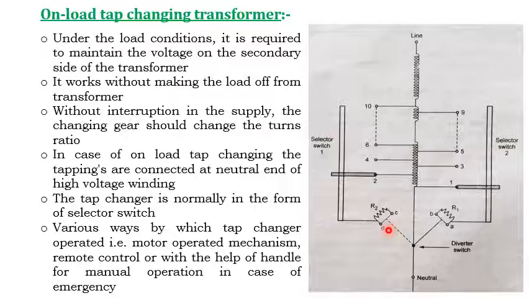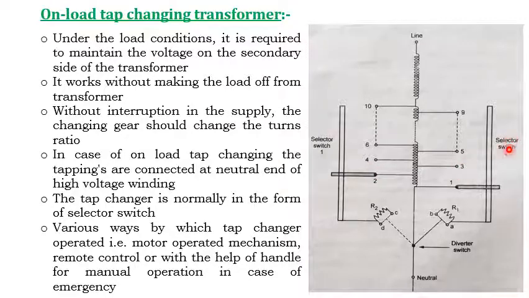During the shifting of the diverter switch from right side to left side, there will be a change in the tapping from tapping 1 to tapping 2. Further, you move this diverter switch from left to right position. If you move it totally to the right, then the second selector switch, which is connected at the second tapping, is shifted to the third tapping.